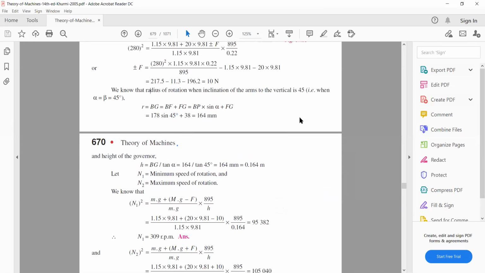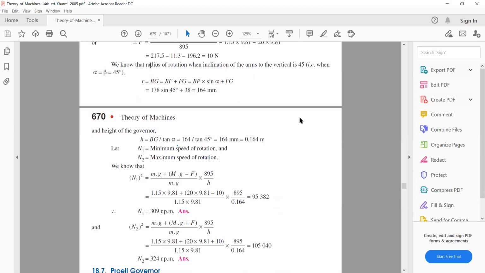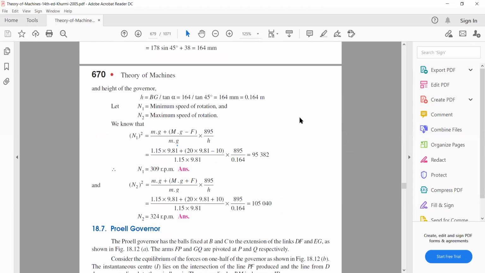Now we find the maximum and minimum speed of rotation. Here the unknown is our N1 value. The basic equation for the Porter governor is already known: N1 square equals small mg plus capital Mg minus F by small mg, into 895 by h.